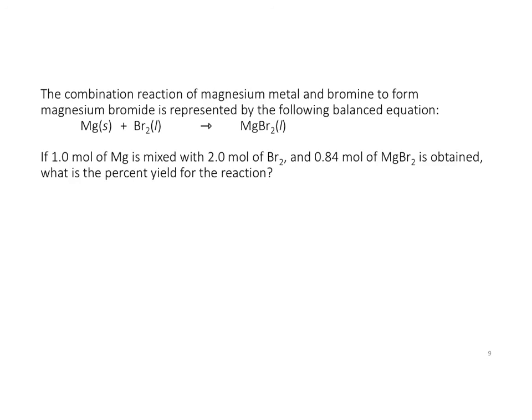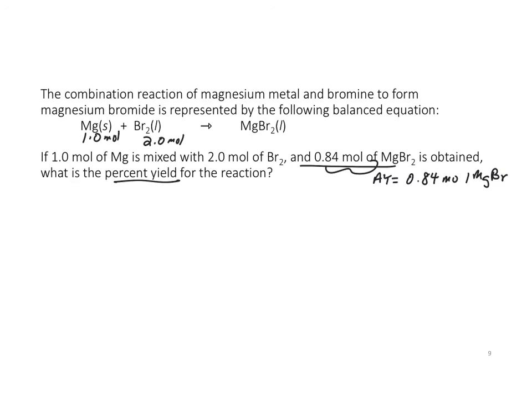All right, looks like we have a limiting reactant problem because we're given 1.0 mole of magnesium is mixed with 2.0 mole of bromine, and 0.84 mole of magnesium bromide is obtained. That's the actual yield. 0.84 mole of magnesium bromide. What is the percent yield of the reaction?